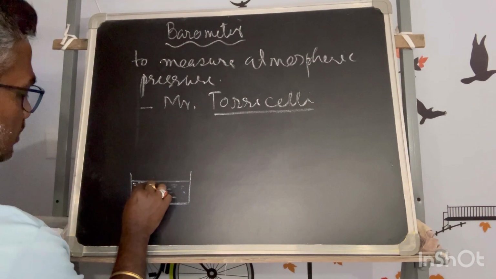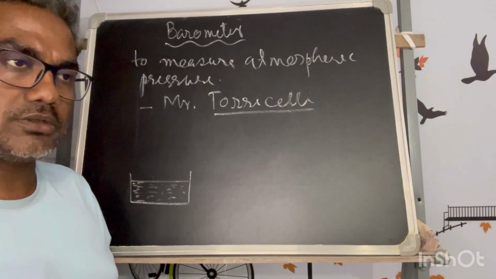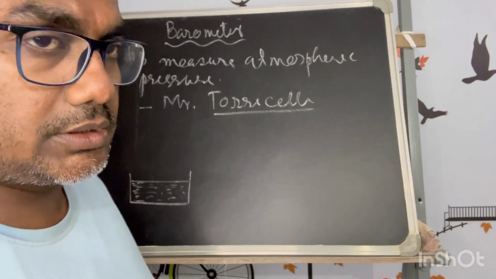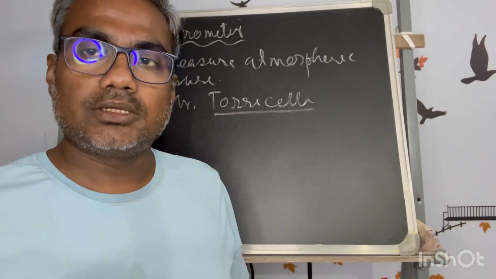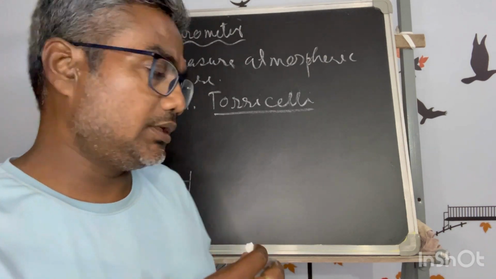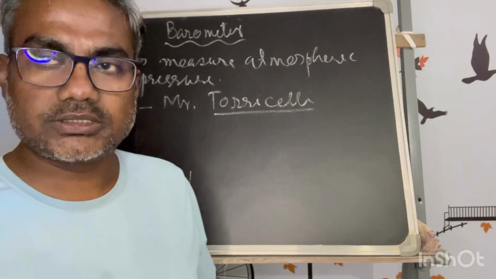It does not even come under fluids, actually. In the periodic table, mercury is treated as a metal, but it is a liquid. At natural temperature and pressure it is always in a liquid state.